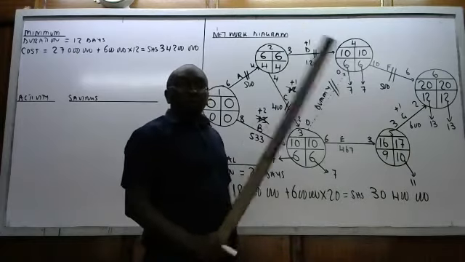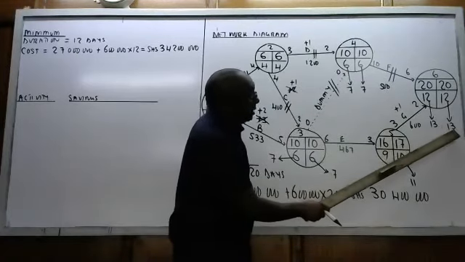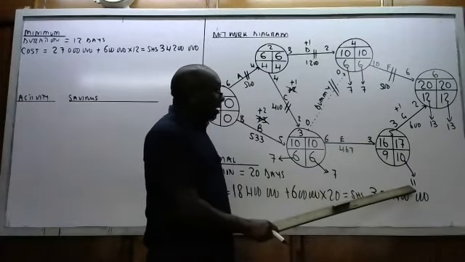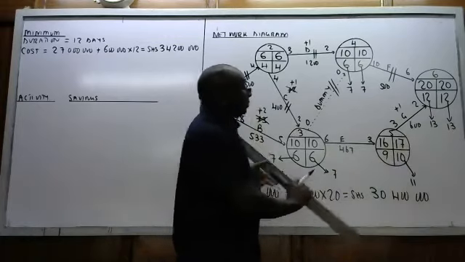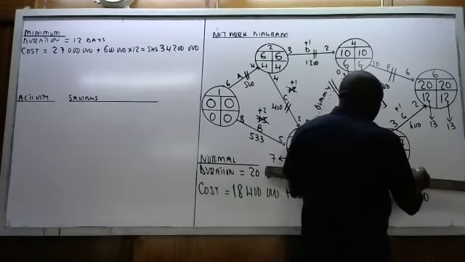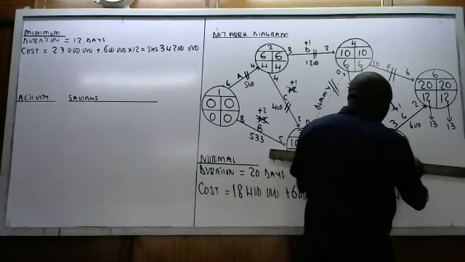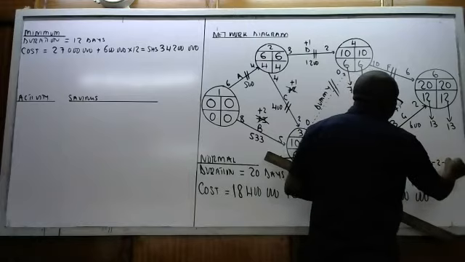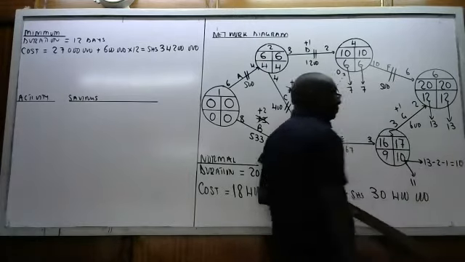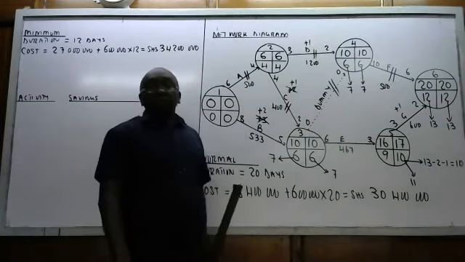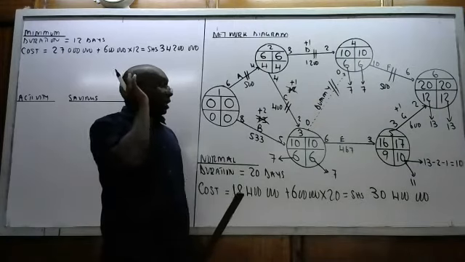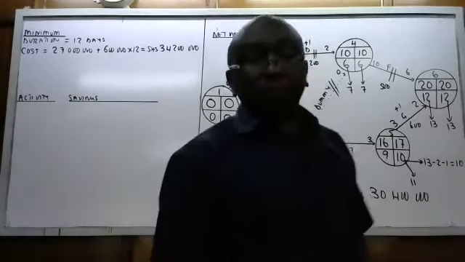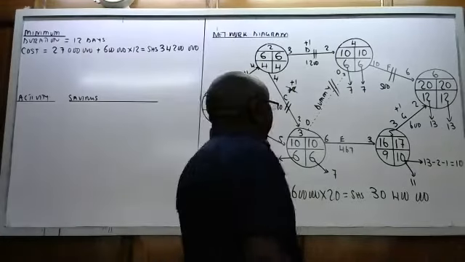If we do not want to be late, if we want to finish by 13, then this one should be 13 minus 2 minus 1, which is 10.